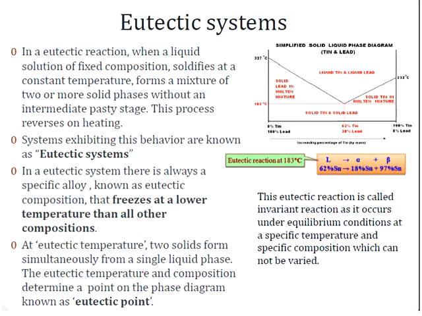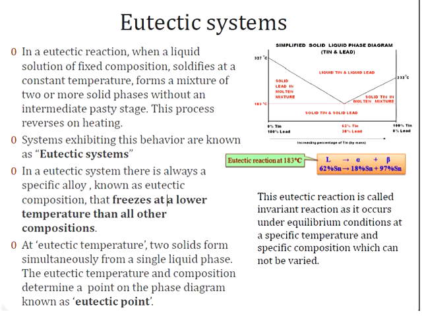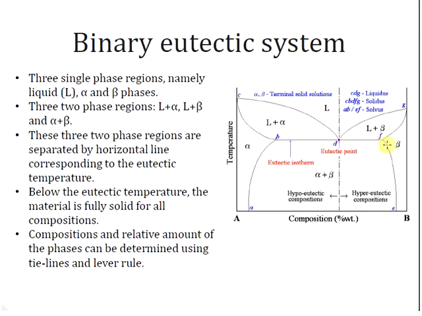Okay, we'll go to the next slide. In this slide, this is the binary eutectic system, where you can see different phase regions. Alpha corresponds to the pure tin region, and beta corresponds to the pure lead region, and this region is separated from this region by the alpha plus beta composition, which has solid tin and solid lead.